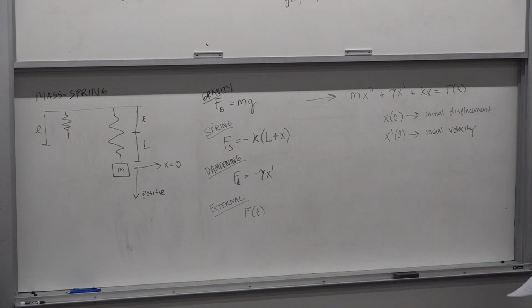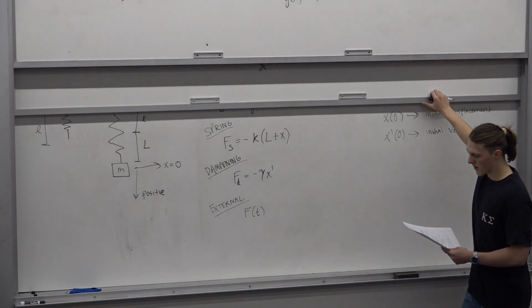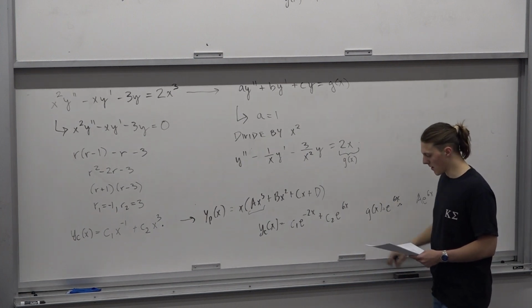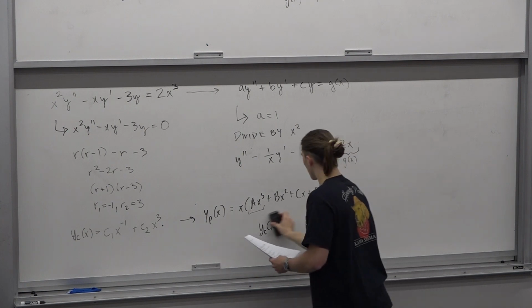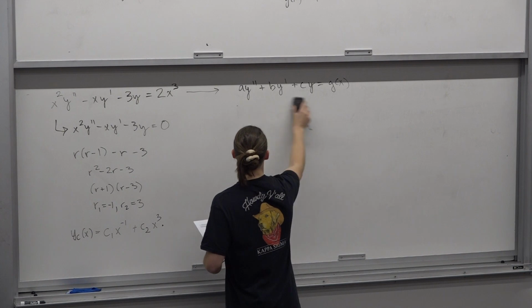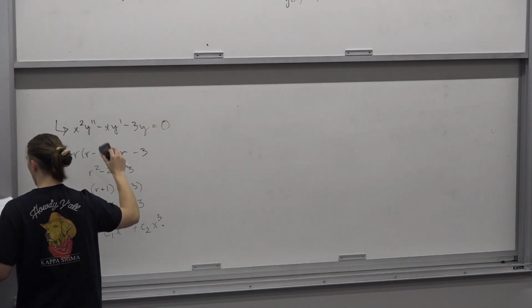There's a few different cases. The first thing I want to talk about is a free, undampened vibration. So what does that mean? Free really just means there's no external forces, so we're back to the homogeneous case right here.